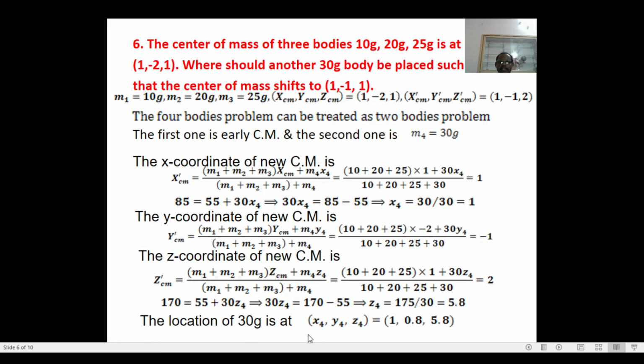The location of the 30 gram is at x4 comma y4 comma Z4 equal to 1 comma... Later we have to cross multiply, taking an equation similar to this, so that gives y4. So the location of the 30 gram is at x4 comma y4 comma z4 equal to 1 comma 0.8 comma 5.8.